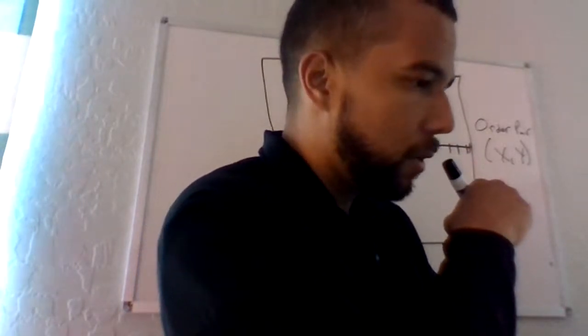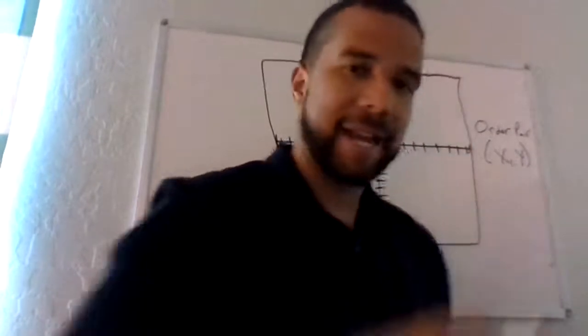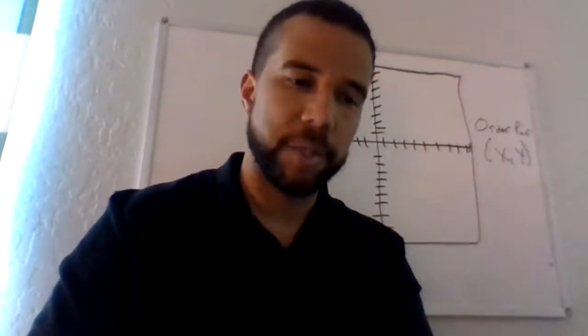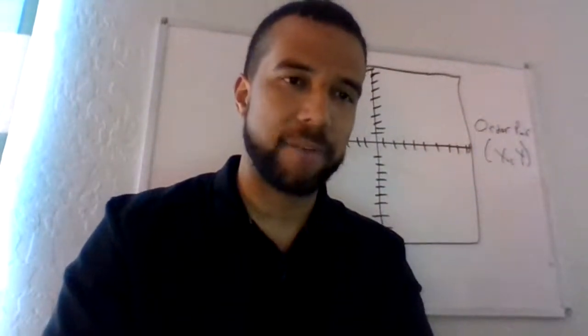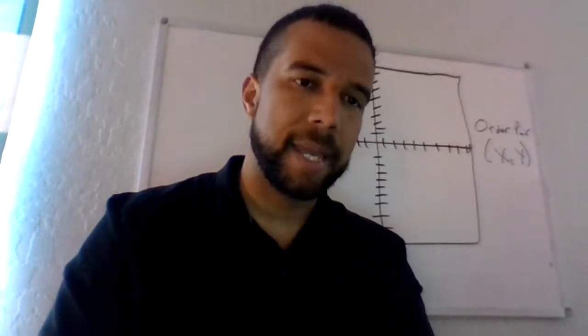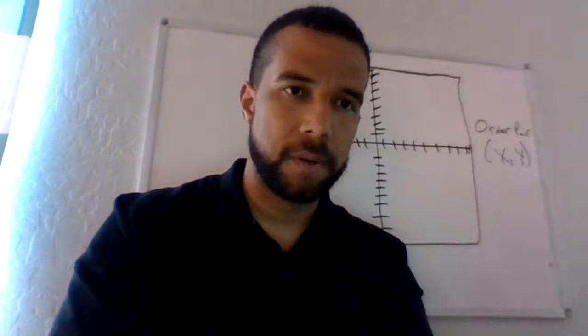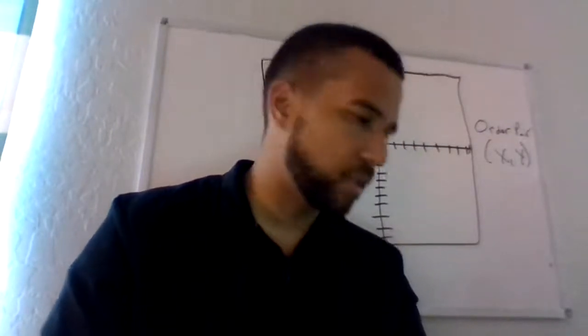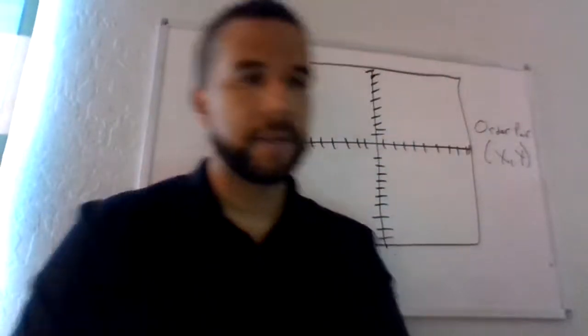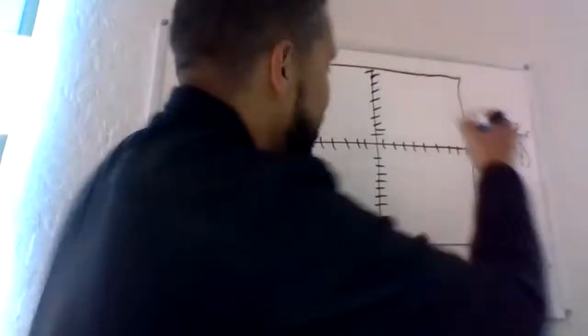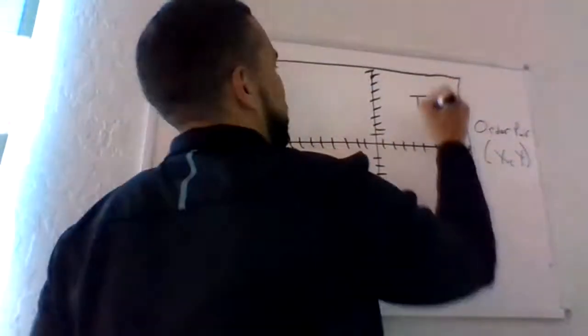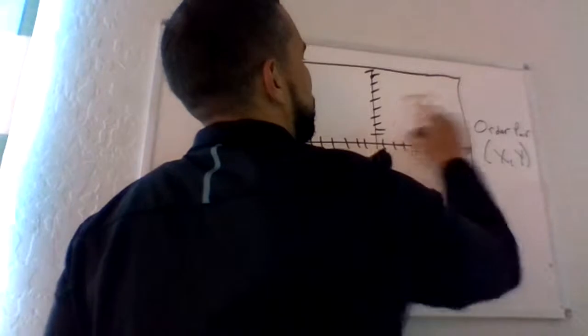Okay. So you're not going to need to know all of the quadrants in the sense that you're not going to get a lot of questions about it, but it is important that we know which quadrant houses which ordered pairs. So this is going to be quadrant 1. I'm going to use Roman numerals.